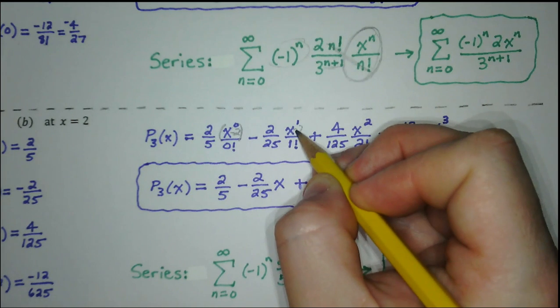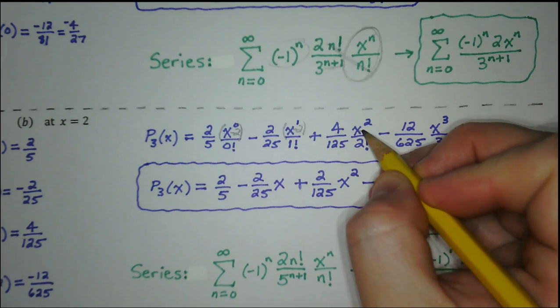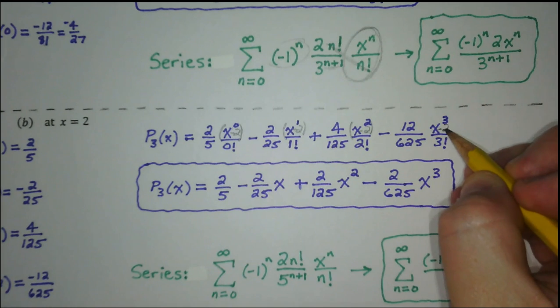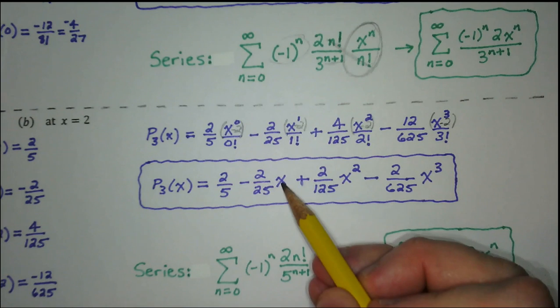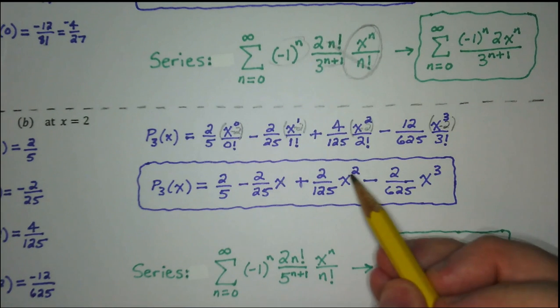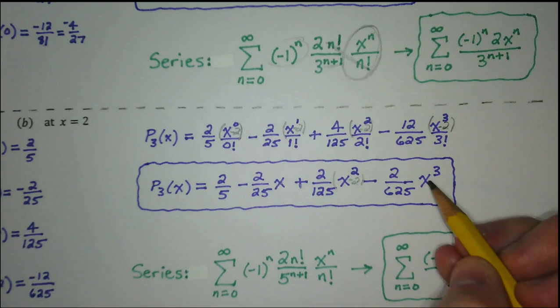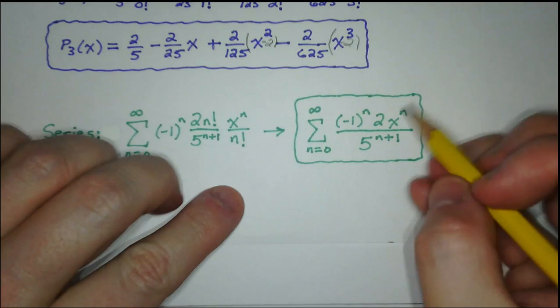This is going to be x minus 2 in a bubble to the 1 power. X minus 2 in a bubble to the 2nd power. X minus 2 in a bubble. So right here, x minus 2 in a bubble, x minus 2 in a bubble, x minus 2 in a bubble. And so down here, guess what?